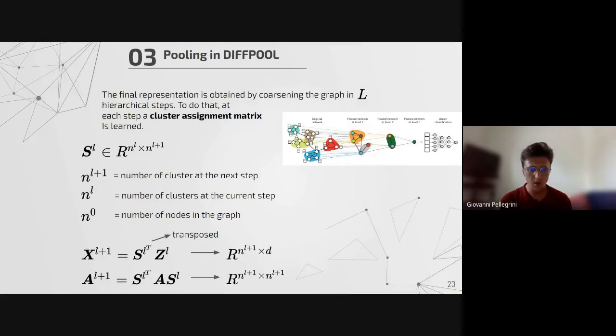Okay. So here, of course, in order to obtain an adjacency matrix, which is square, we need to multiply the cluster assignment matrix before and after the adjacency matrix.